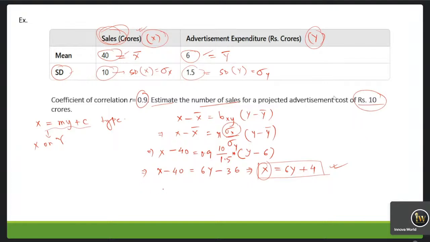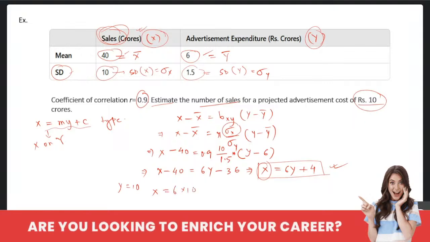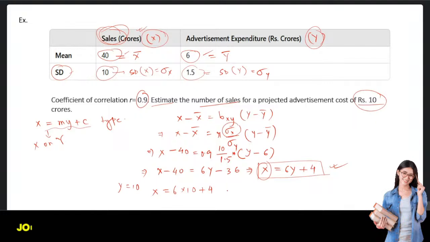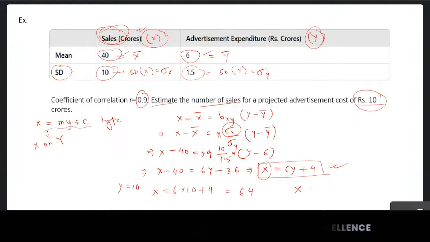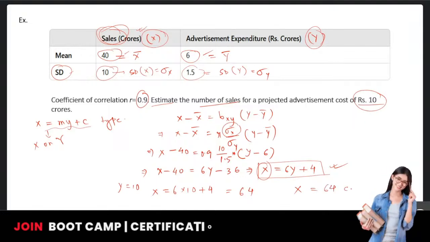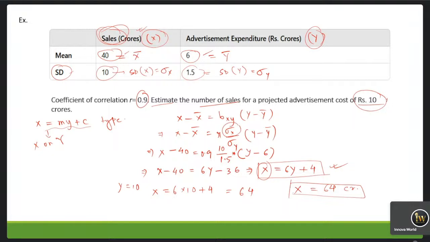If y equal to 10, it gives x equal to 6 into 10 plus 4, so it is 64. So the average sales should be 64 crore if we invest 10 crore in the advertisement cost.